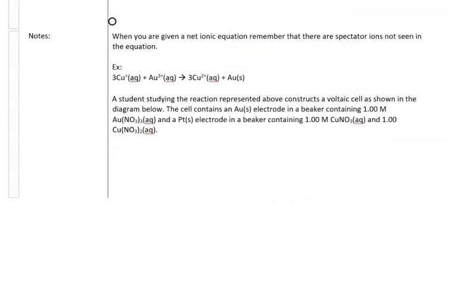Let's look at another thing to keep in mind about net ionic equations. And that is sometimes you're given a net ionic equation. How do we know it's a net ionic equation? They don't tell us, but notice all these ions. It's very likely a net ionic equation. And then notice that a lot of these compounds that they're using contain the same ions bonded to nitrate.